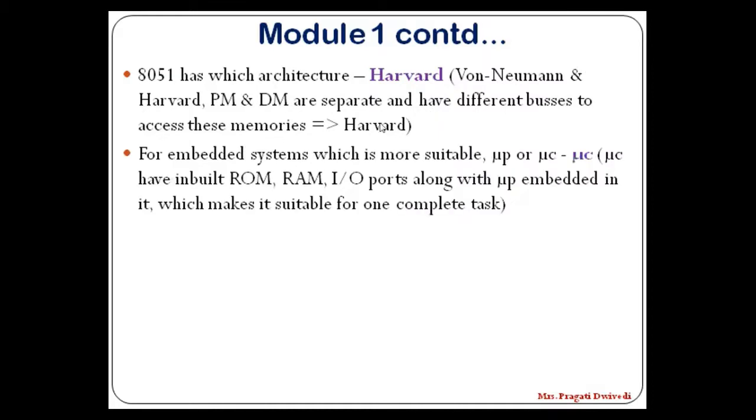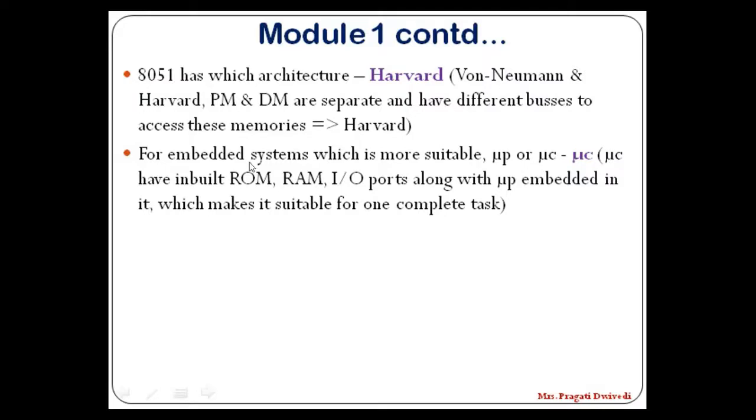Next, for embedded systems, which is more suitable? Since you have already done microprocessor, this question can be asked: if I want to design an embedded system, will you go for a MUP or a MUC as your core? The answer is definitely MUC, that is a microcontroller. The reason is that it has inbuilt RAM, ROM, IO ports, which makes it more suitable for a complete task or one application.